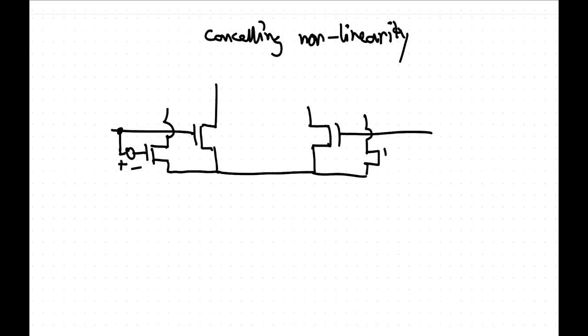Pop it in there, and this one here has a minus plus there. Let's call that VB and VB over here. And then what you do is you cross couple these ones here.